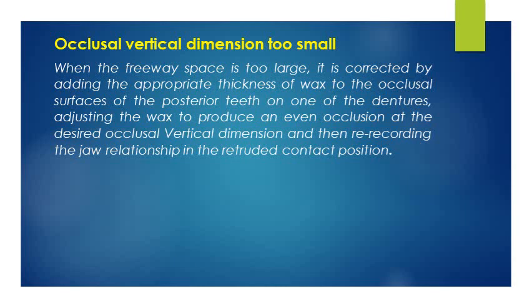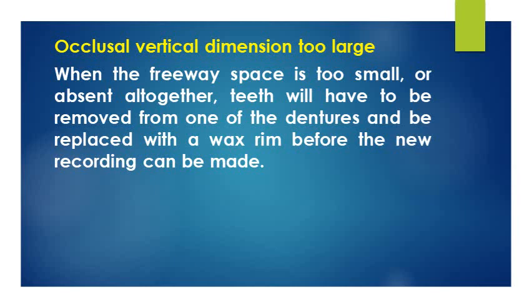So in order to correct it, we place wax between the upper and lower arch, making the appropriate thickness in order to correct the occlusal vertical dimension. If the occlusal vertical dimension is too large, it means that the freeway space is very minimized.